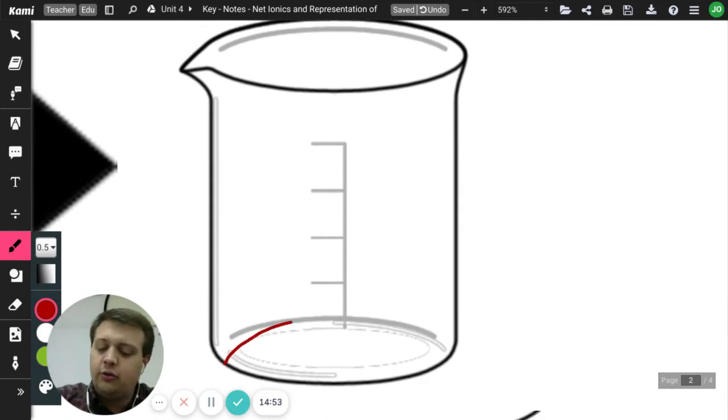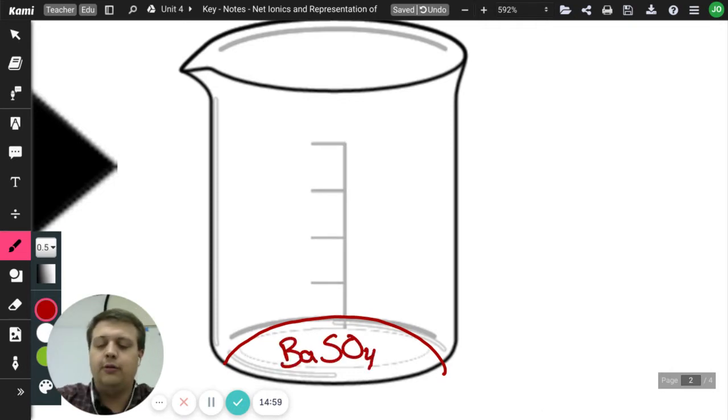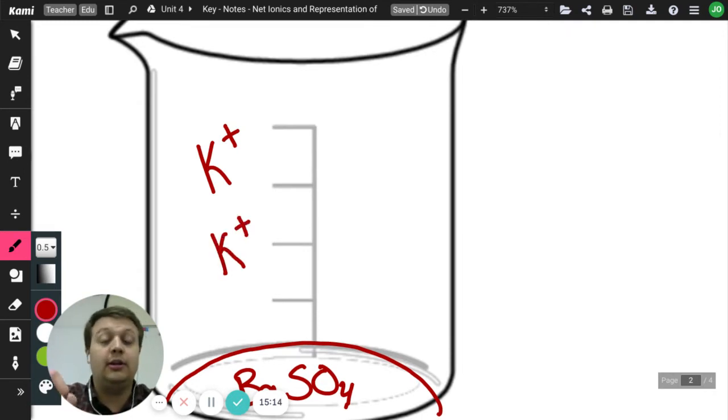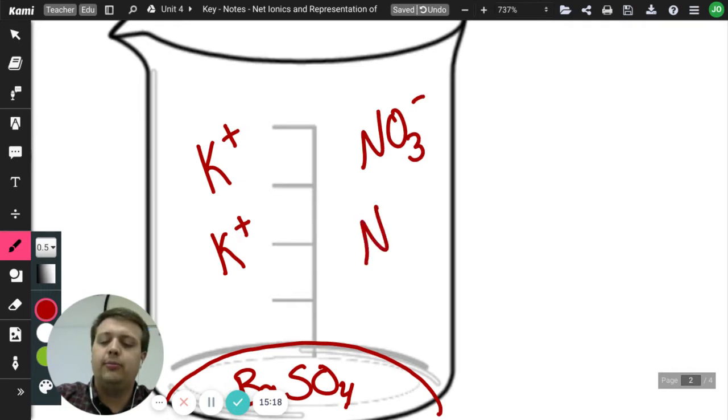So I'm actually going to draw that down here on the bottom. So this is actually going to be BaSO4 sitting down there at the bottom. And then my ions, the spectator ions, they're still going to be floating around in the solution above. So I've got 2 potassium ions that did not participate, they're spectating, and 2 nitrate ions.